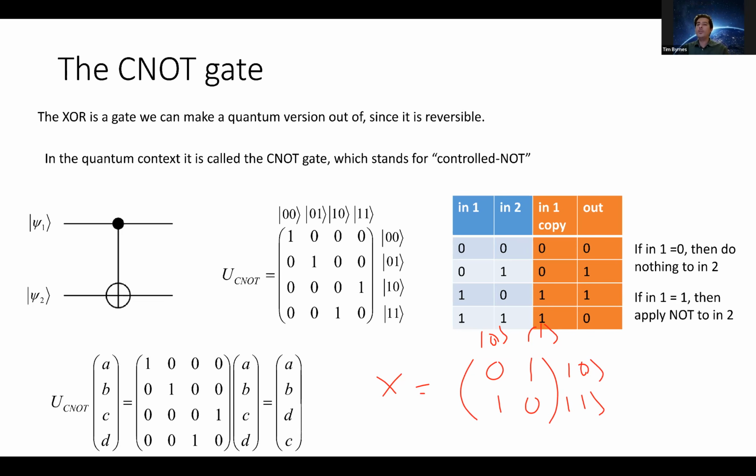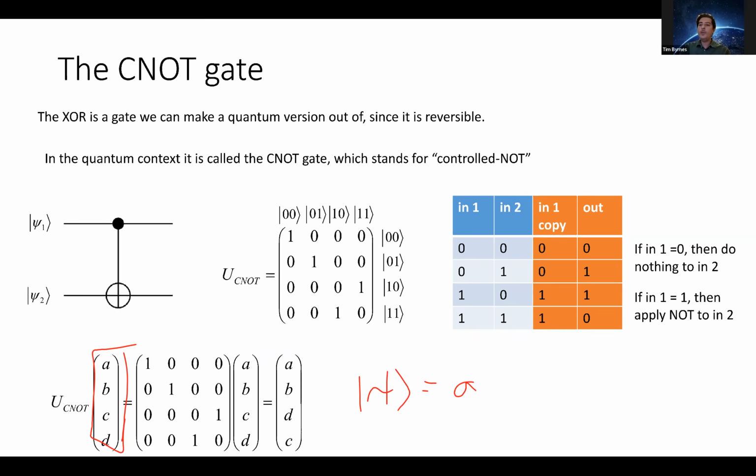So I just wrote the convention, the ordering, and to make it even clearer, let's write the initial state here as ABCD. If the state is like that, what I mean is A 0 0, B 0 1, C 1 0, and D 1 1, right?